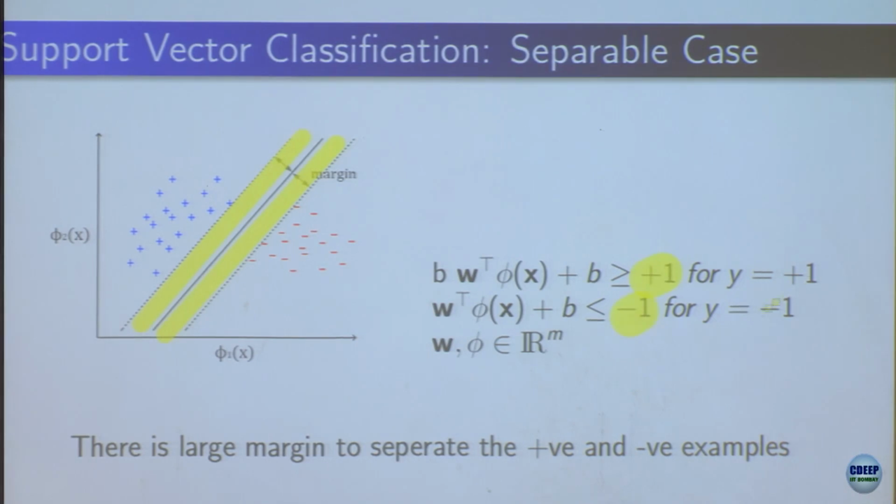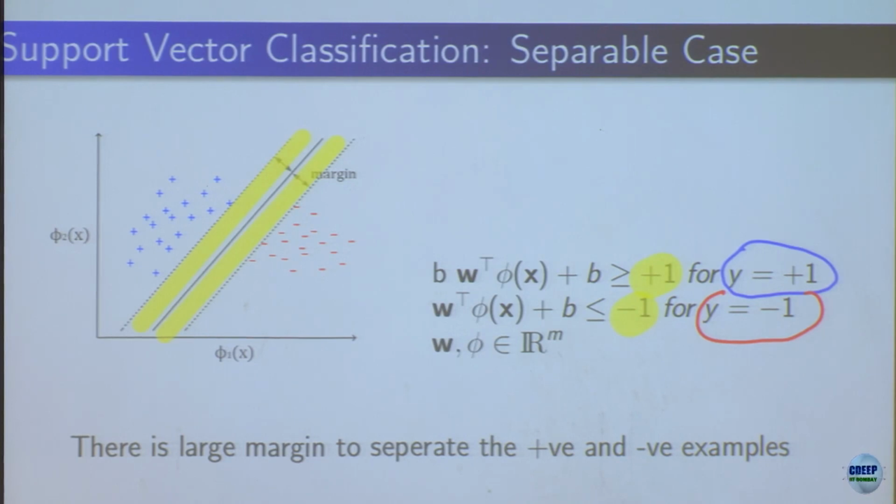For y equals plus 1, the positive points, you have plus 1, and the size of the margin remains the same, just the sign changes for negative. This is how you can formulate it. But now let's try and understand what that margin exactly is.